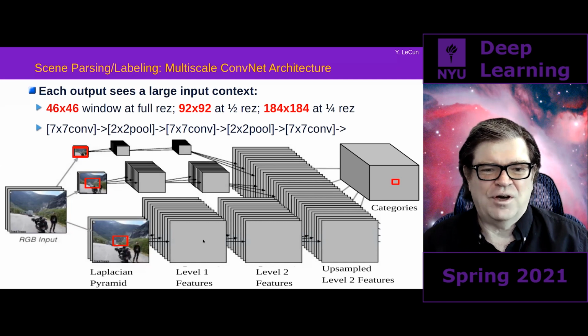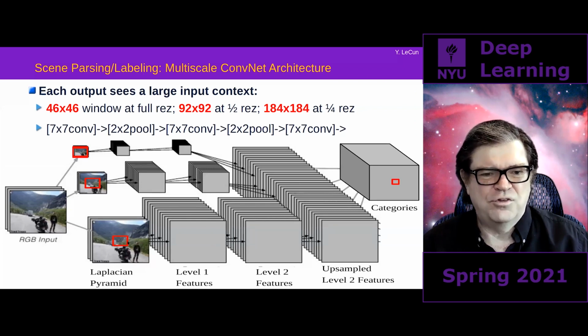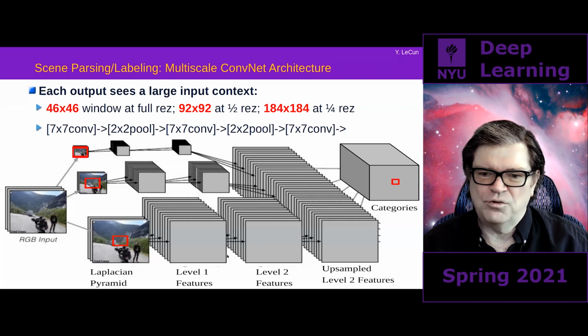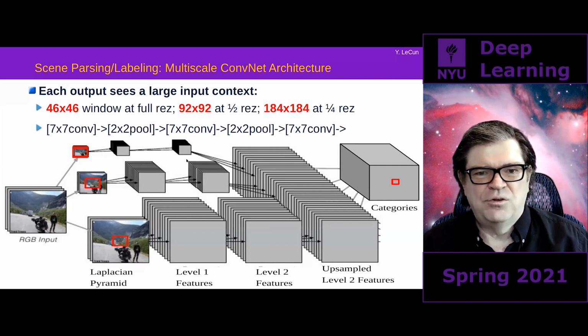So that's the architecture of the network. It's, again, a convolutional net that is applied at multiple scales. So the same image is subsampled. The input window of this neural net is 46 by 46. So every input here is influenced by a 46 by 46 window. It's applied with a sliding window. And then you apply the same convolutional net at multiple scales. But then the features of all of those scales are combined before going to the final classification.